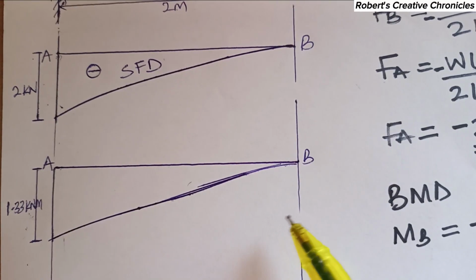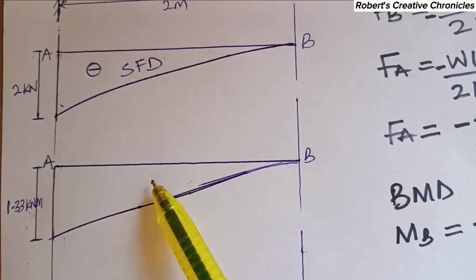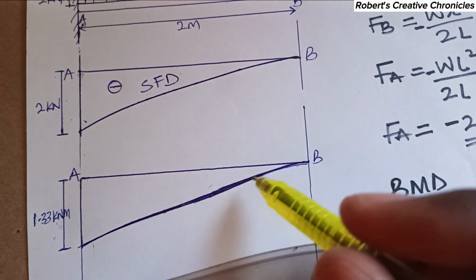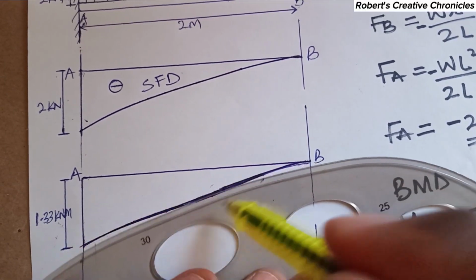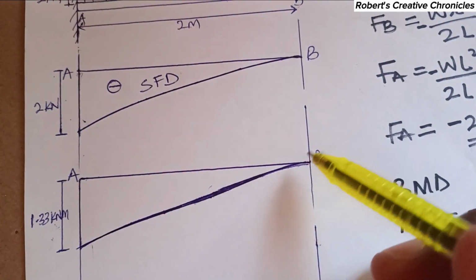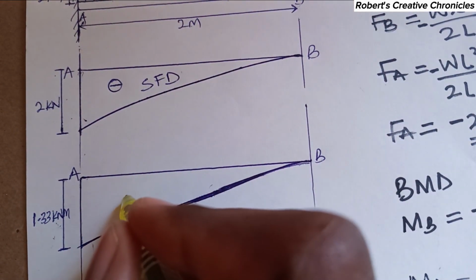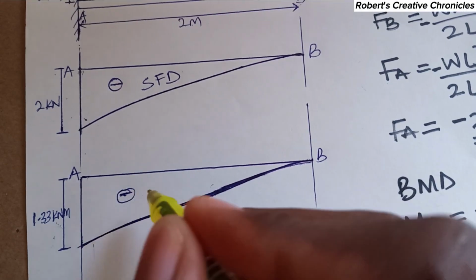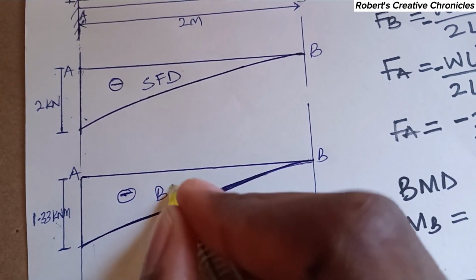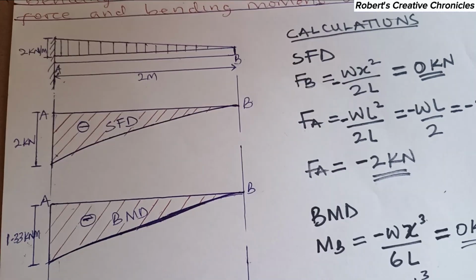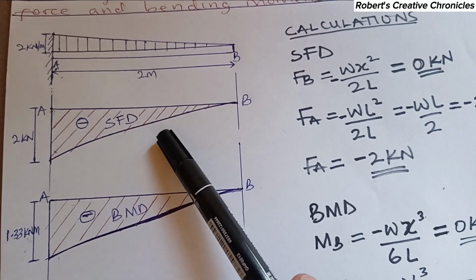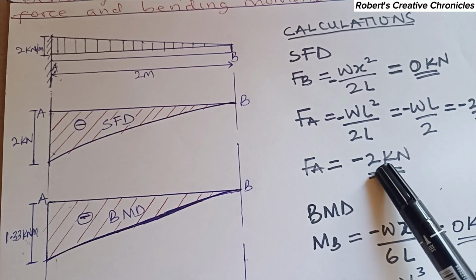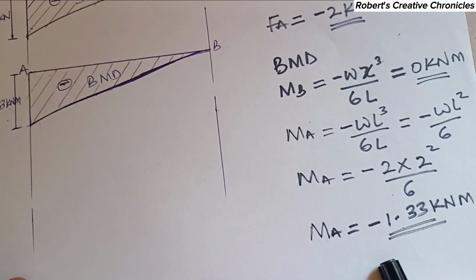This curve is actually more inclined deeper inside. So this is a cubic parabolic curve. So you make the curve just a little deeper than this, but both of them are parabolic curves. But this one is a cubic parabolic curve. So this is negative, and this is the bending moment there. So this is the shear force diagram, and this is the bending moment diagram. And these are the values of maximum shear force and maximum bending moment.